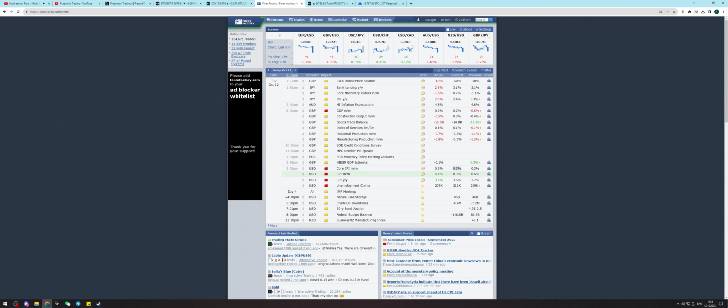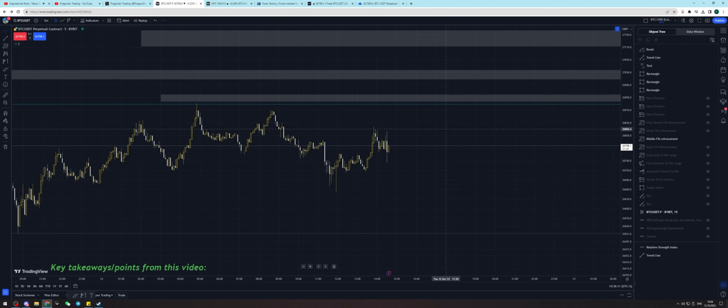The CPI month to month is a little bit higher than expected, and the CPI year to year is a little bit higher than forecasted. Unemployment claims are a little bit lower than expected, so I would say this is neutral, right? It's nothing good for the market, it's nothing bad, it is pretty neutral and indecisive.